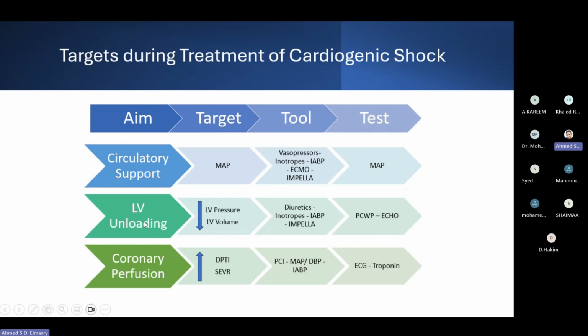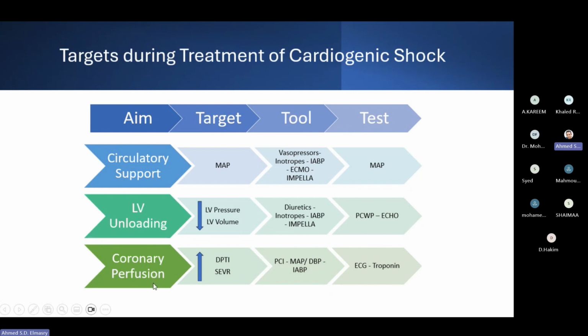The second aim is left ventricle unloading, and you are targeting reduction of the left ventricle pressure and left ventricle volume. You can achieve this by applying medical therapy like diuretics and inotropes, or with the aid of mechanical circulatory support like intra-aortic balloon or Impella. And during that, you can monitor the patient with echo and pulmonary capillary wedge pressure.